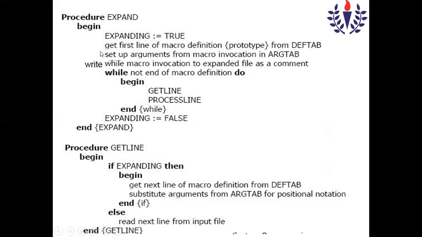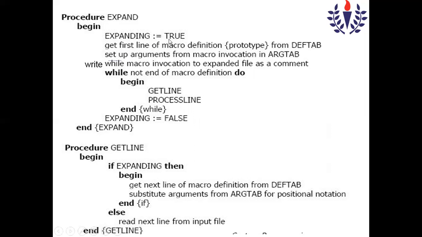Now the expand. When expand comes, our main work is to expand, to replace the macro call with the macro definition. So we begin by setting expanding equal to true, because expand is being called. That means now we want to expand. Get the first line of the macro definition from the def table and set up the arguments for the macro invocation in the argument table.